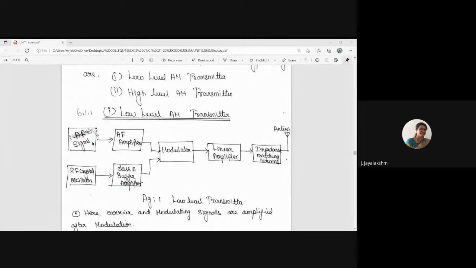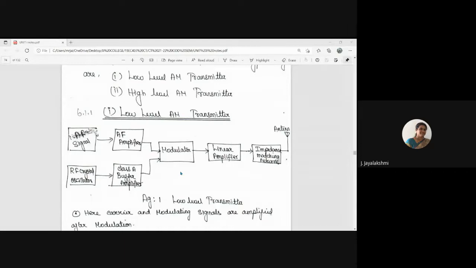Here you are going to have the audio frequency signal and the corresponding amplifier for that, and a crystal oscillator is used which is capable of generating carriers in the radio frequency range, that is more than 300 Hz to 300 kHz range. We are going to make use of the class A amplifier because both the signals do not have sufficient signal strength, so we go for an amplifier.